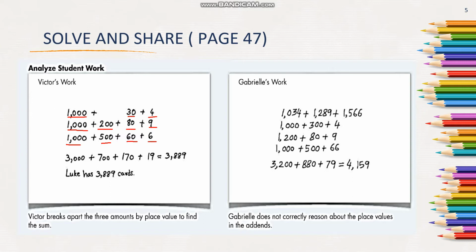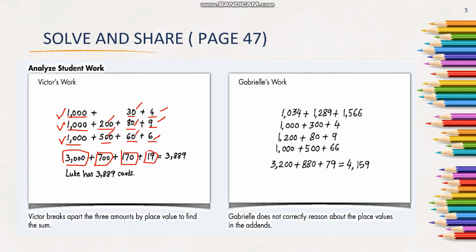After that, he added 1,000 plus 1,000 plus 1,000, which is equivalent to 3,000. Then 200 plus 500 is 700. 30 plus 80 plus 60 is 170. Then 4 plus 9 plus 6 is 19.